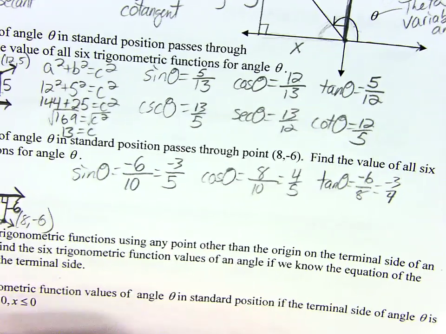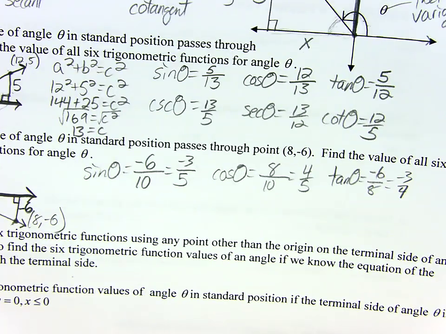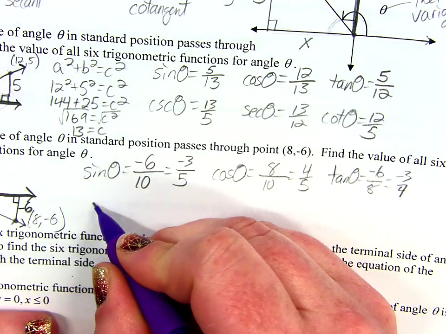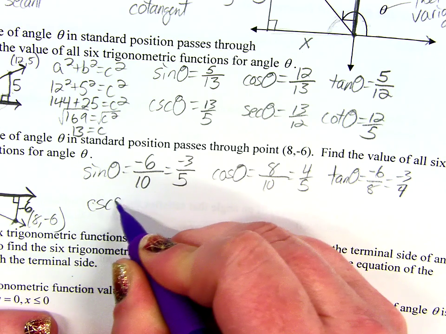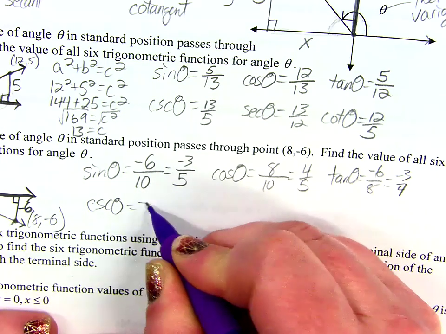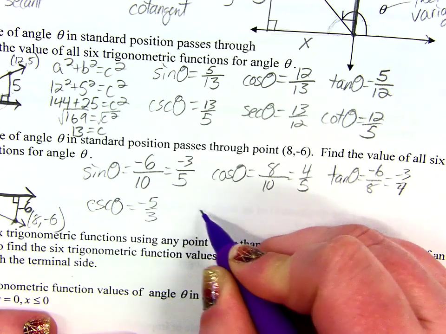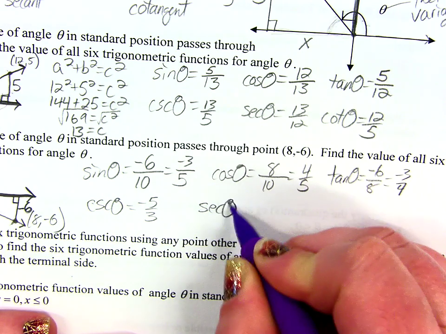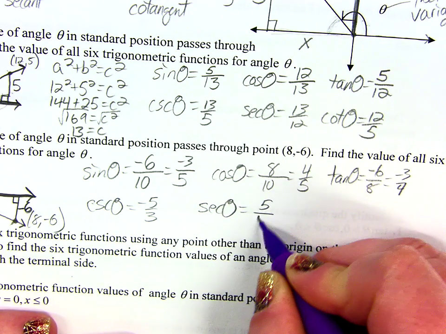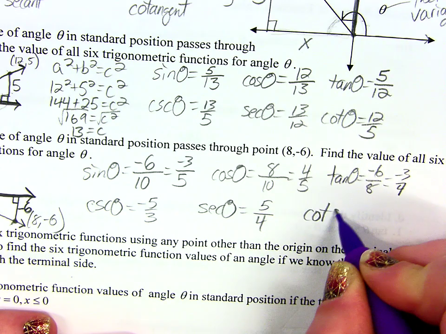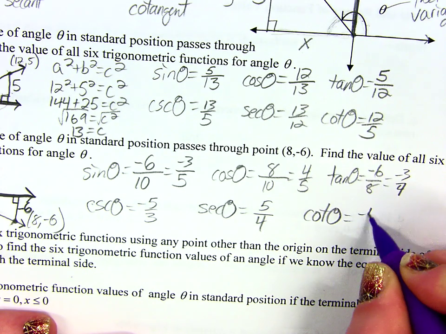And then again, to get the next 3, I don't have to do any more math. I'm just going to take the reciprocal of everything above it. So cosecant is now going to be -5/3. Secant is now 5/4. And cotangent is now -4/3.